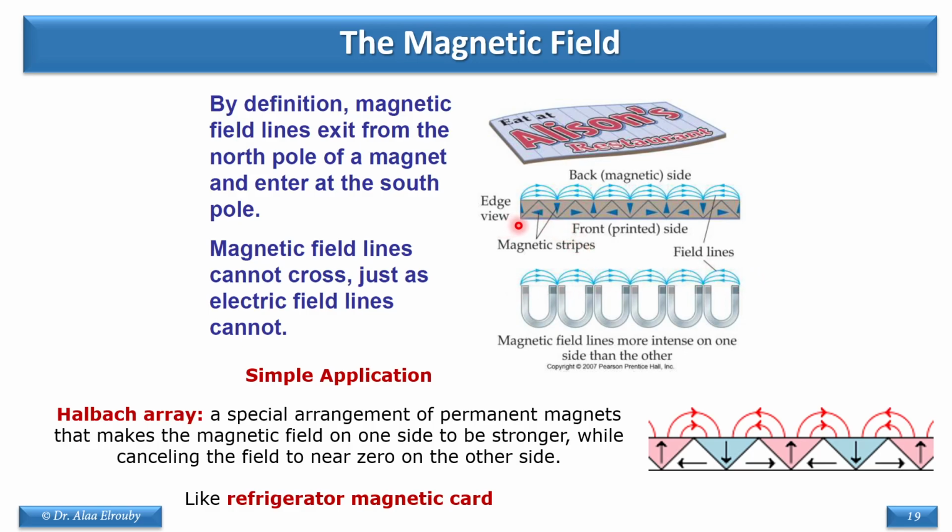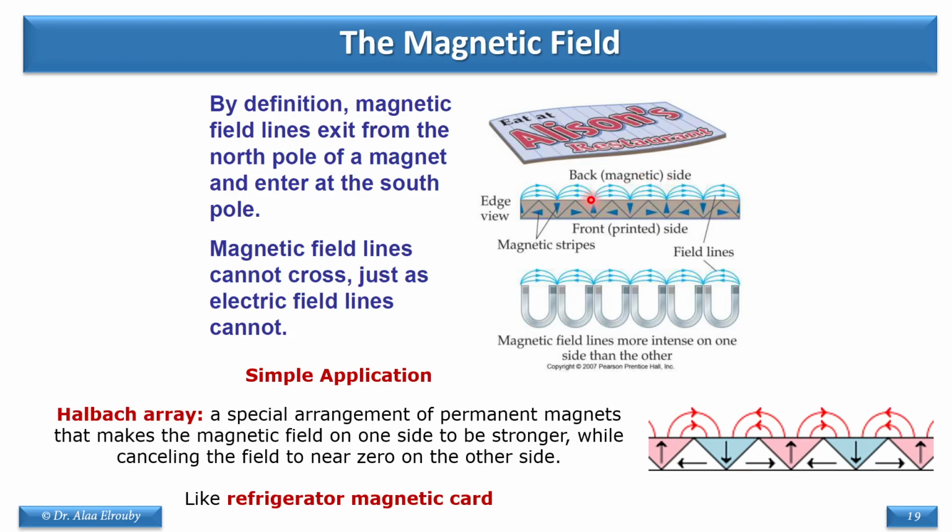So if we have some magnetic material and we arrange the magnetic material this way, this is the north pole of this triangle, this is the north pole in this triangle, this is the north pole. So we have a rotating north pole. This will generate a magnetic field, or the total summed up magnetic field will be concentrated in one side with cancelled out or very weak magnetic field on the other side.